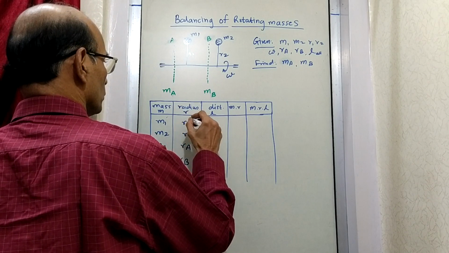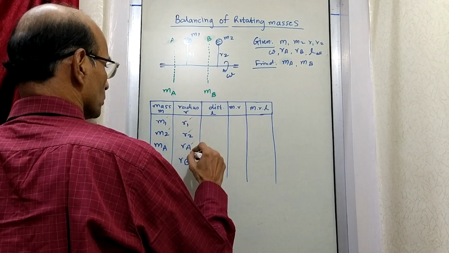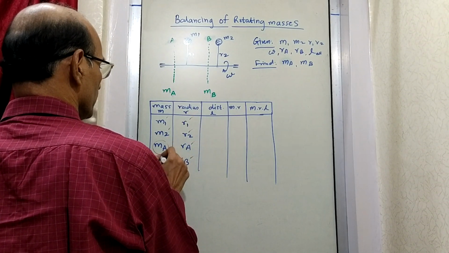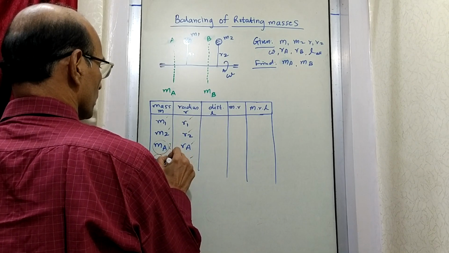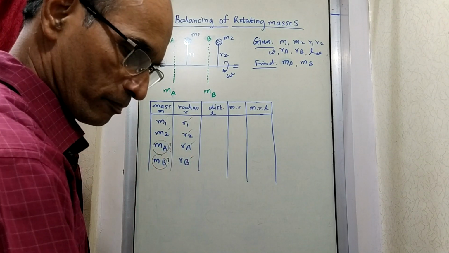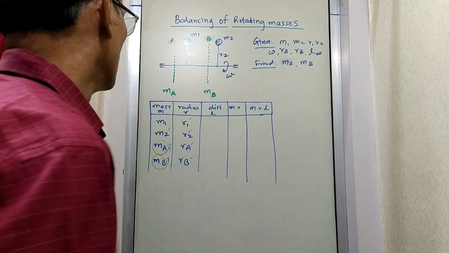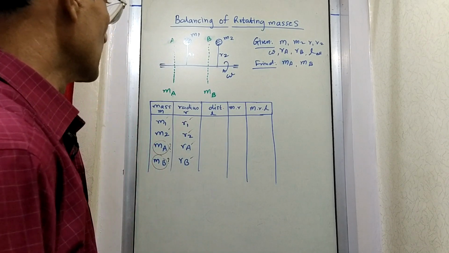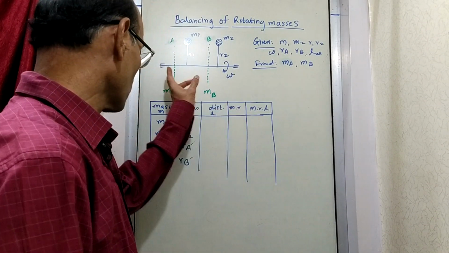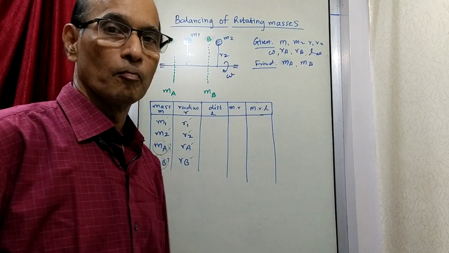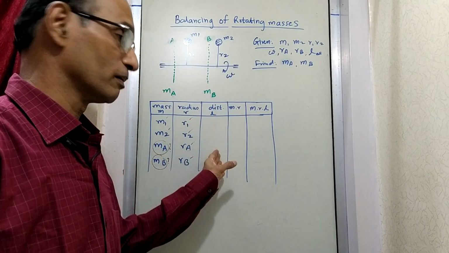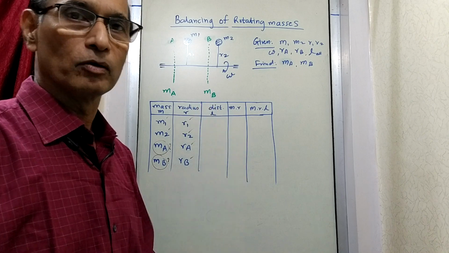This is known, this is known, this is known. Only these two things are unknown at the moment. What more? Now distance. All the distances are of course there, but what distance we are going to take will depend on a certain thing.